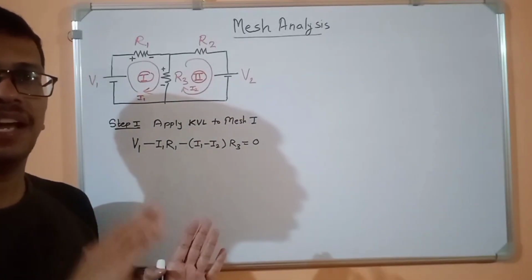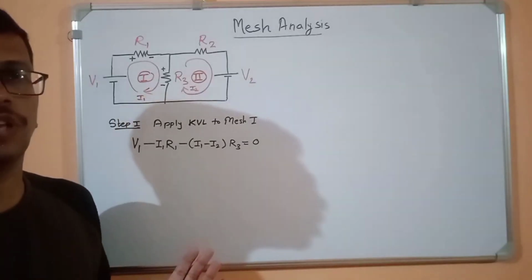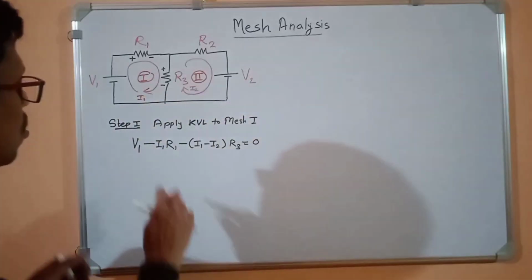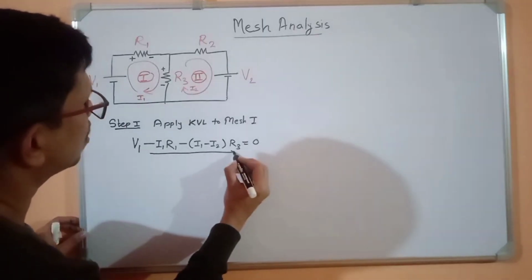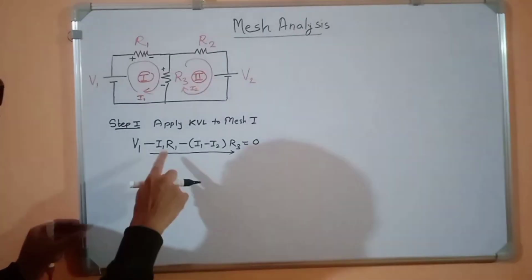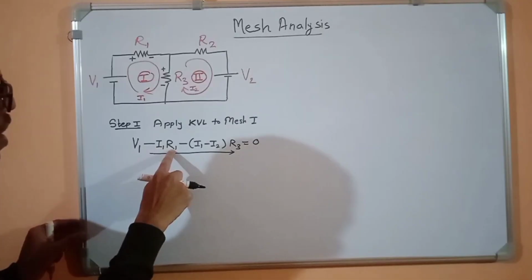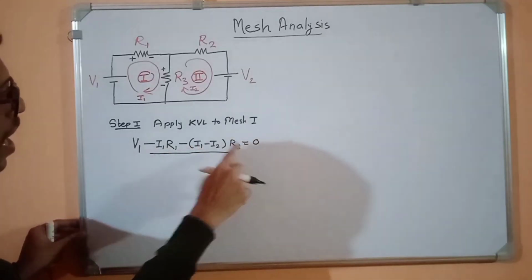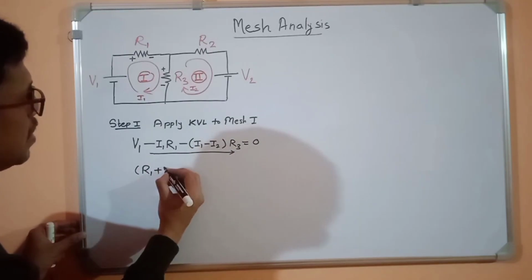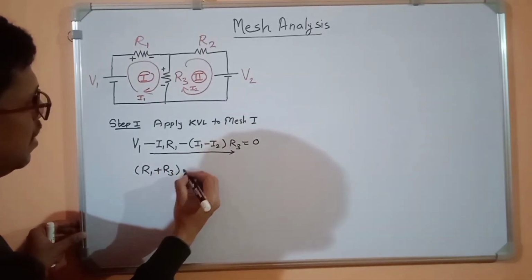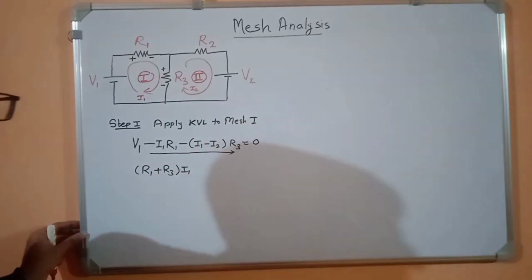We have to rearrange these terms such that the unknowns, that is I1 and I2, will remain on one side and the constant term will go on the other side. So I will take this part on another side. Minus I1 R1 minus I1 R3. So R1 plus R3 into I1.